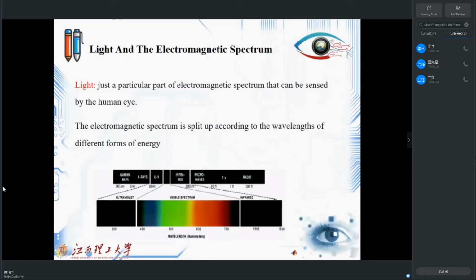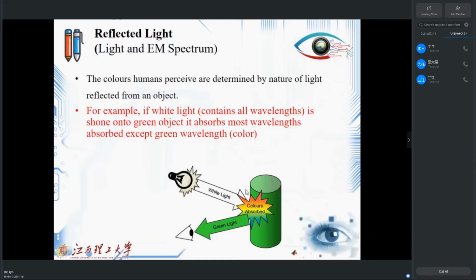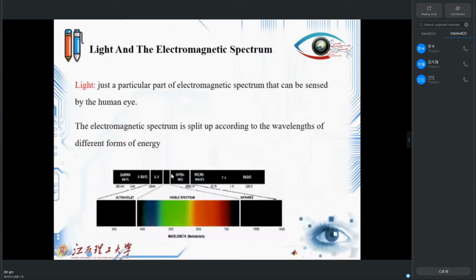The electromagnetic spectrum is split according to the wavelength of different forms of energy. Maybe you remember the figure that we showed: from the gamma rays, X-ray, UV ray, infrared, TV, and radio bands. Then the light can be split between these bands of energy.